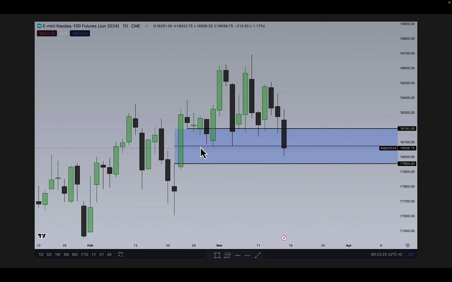So that begins our first topic of fair value gaps. It's a pretty widely taught PD array out of all of ICT concepts, but I'm just going to go through a basic rundown of what is a fair value gap. So essentially, a fair value gap is not a liquidity void.